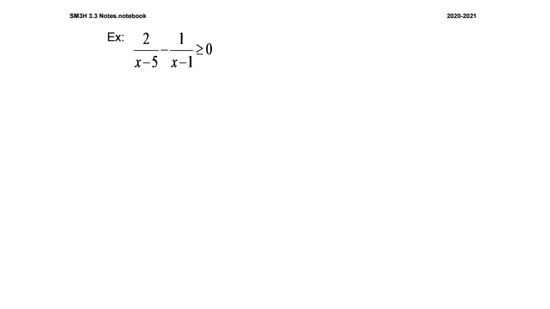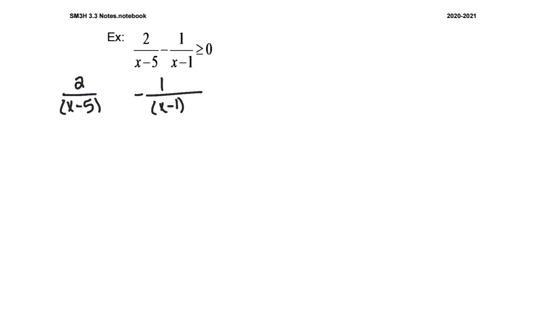For this example, we have to combine these into a single fraction. So what I'm going to do is get a common denominator. I have this x minus 5, and then I'm subtracting 1 over x minus 1.